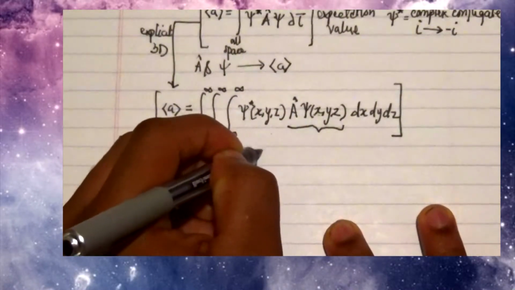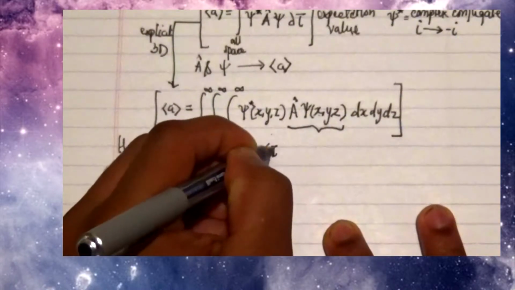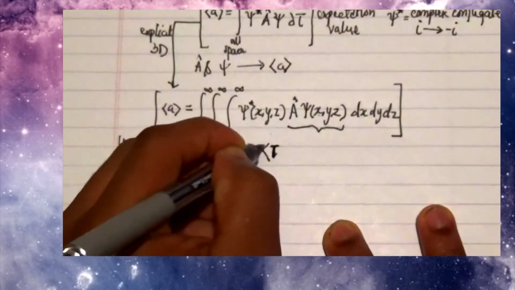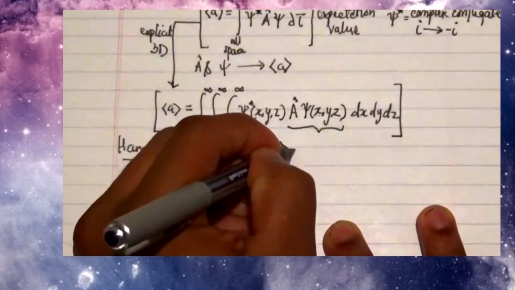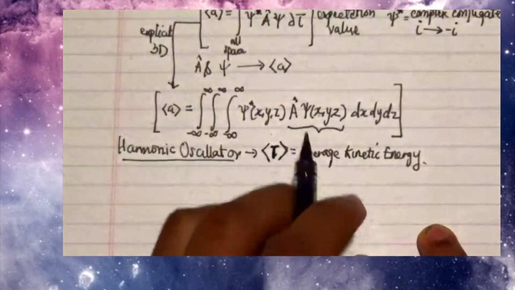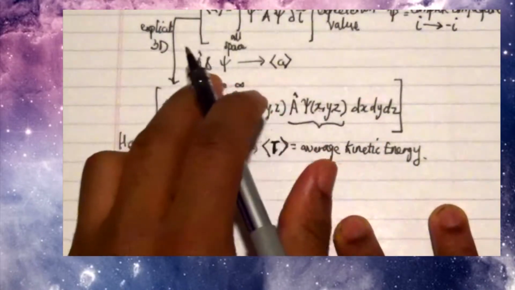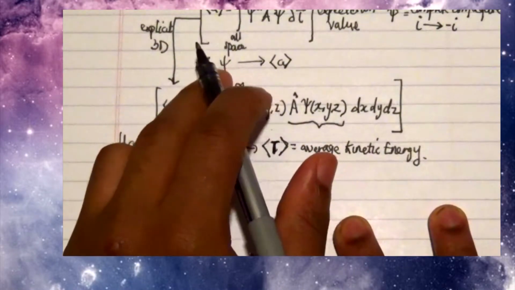If you're asked to determine the average kinetic energy, which I'm going to express as the angle bracket with a T, then let me just rewrite this. We need two things here, because remember in our previous section we said we need our operator and we need our wave function.